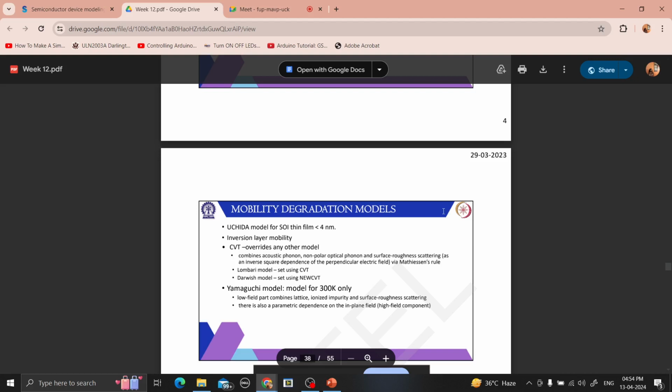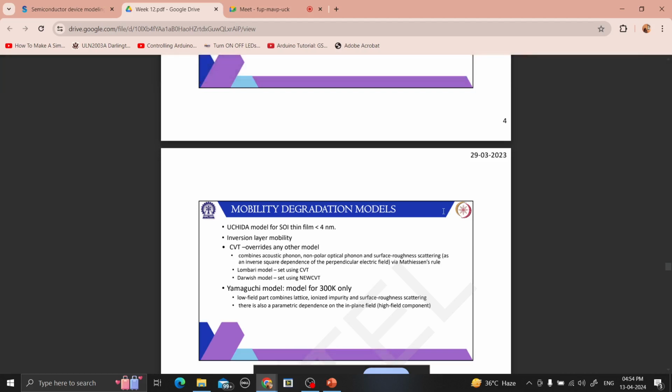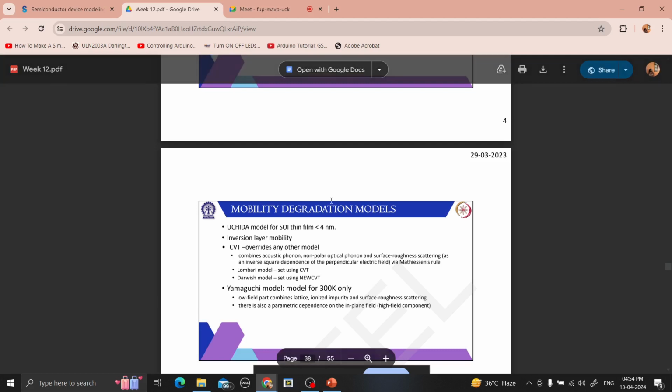So how the mobility is considered in simulation. As I have mentioned, depending on the scenario, mobility can be different, it can vary a lot. Based on the scenario, what kind of mobility models are used was given in this lecture, so you can take a look at it.